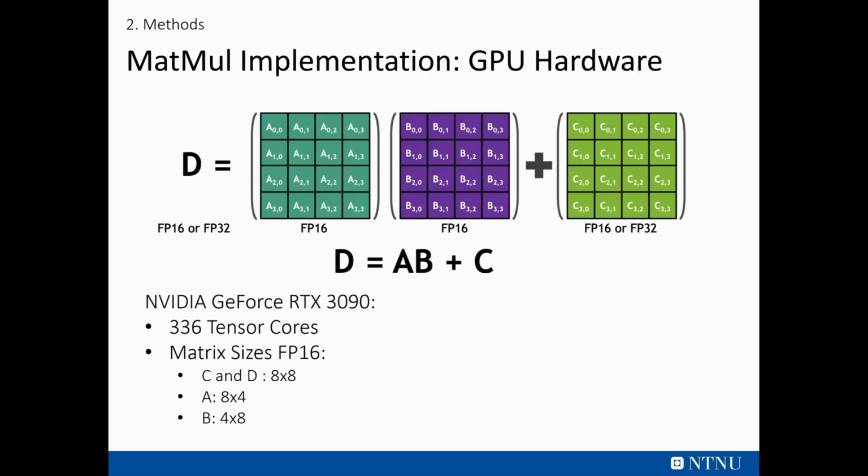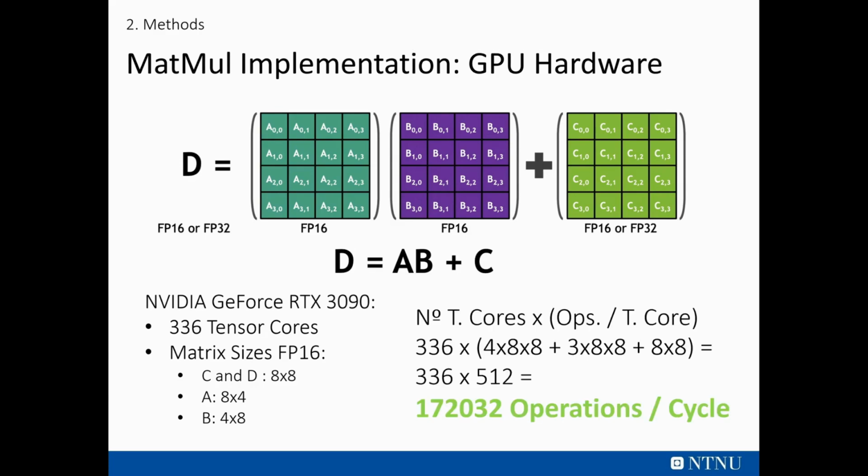All right, so for implementing the matmul model in the GPU, the GPU has tensor cores. The GPU that I was using has 336 tensor cores. And each tensor core is capable of doing a matrix multiplication and addition operation at a time.